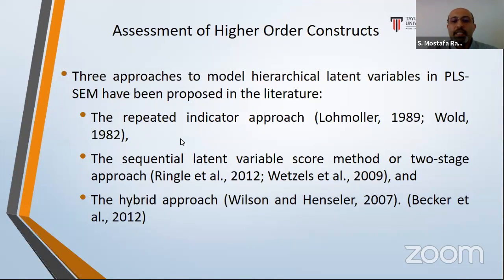Another approach is the two-stage approach, and the literature presented two different types of two-stage approaches. I will review these two approaches and show you how we can establish higher order construct based on them, and the advantages and disadvantages of each approach.